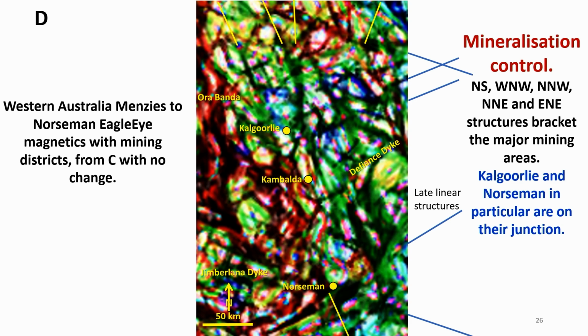In this particular plan, you can see that both Kalgoorlie and Norseman, but not Kambalda, lie on the intersection of numerous east-northeast, west-northwest and north-south structures. And Norseman does as well.